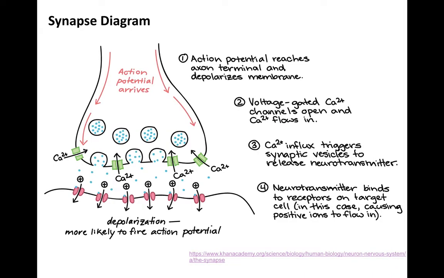All right, so this is another image of a synapse diagram. The difference between this diagram and the ones I drew for you is it lacks detail on how the action potential arrives and is regenerated on the postsynaptic neuron. So just a heads up. But I like this. It's another way of viewing the action potential.